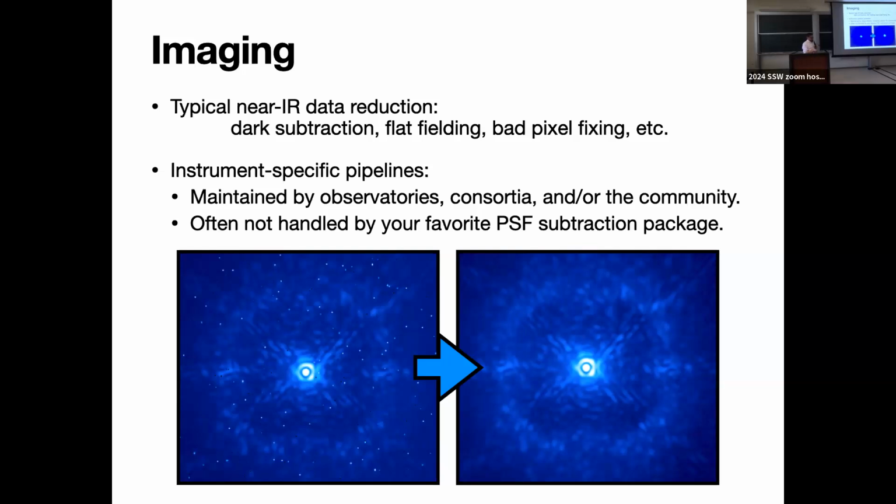And this step is often not handled by your favorite PSF subtraction toolkit. So PyKLIP that you used yesterday doesn't handle this step of the data reduction process. But the idea is to convert your raw image, which has many cosmetic artifacts in it, into a clean image that you can use for your PSF subtraction. And this step also accounts for the differing sensitivities of the pixels.